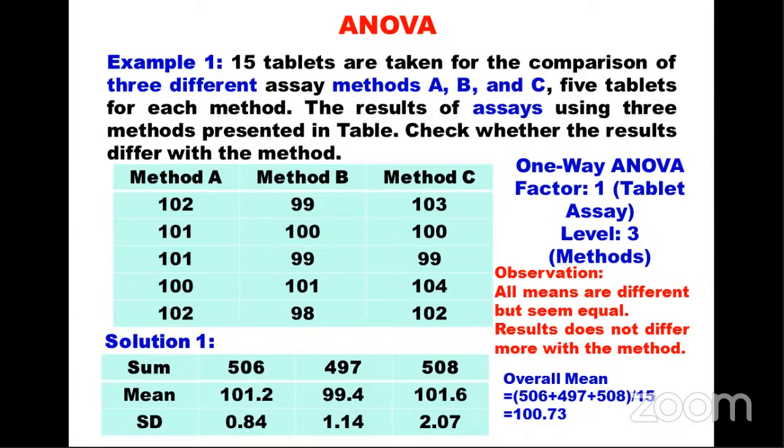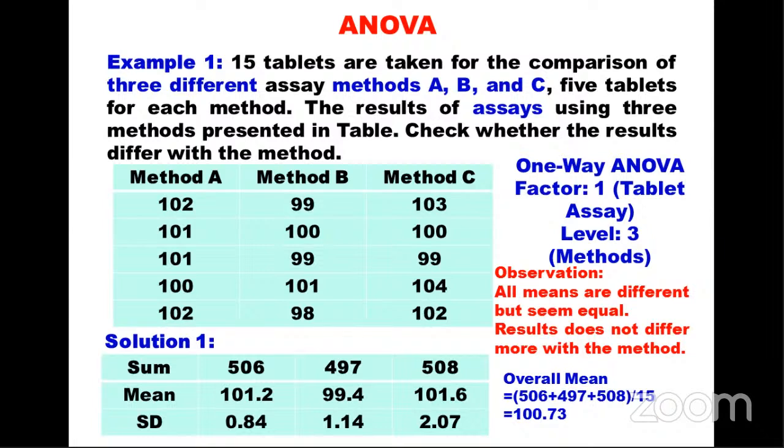The results of assay using the three methods are presented in the table. For method A, the first 5 observations; for method B, the next 5 tablets analysis; and the last 5 tablets were analyzed by HPLC, or method C, and the drug content is presented in the table.